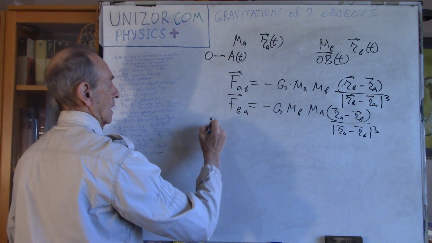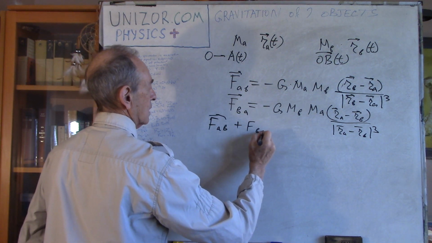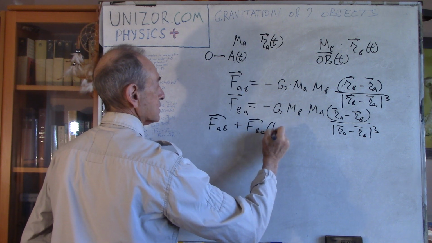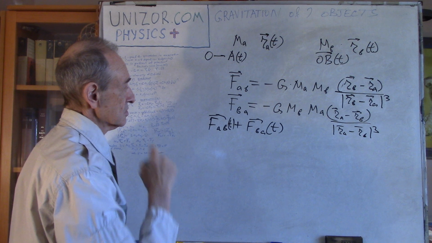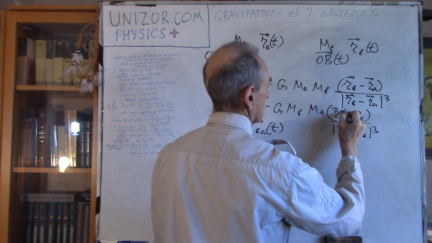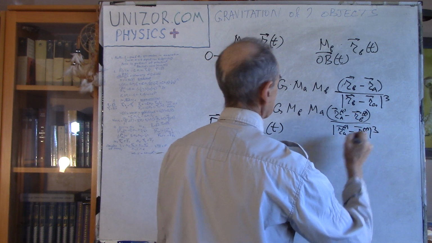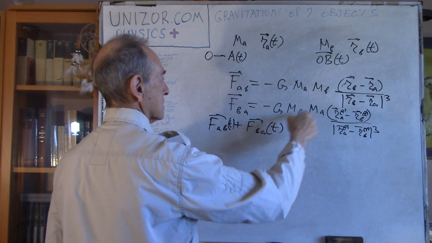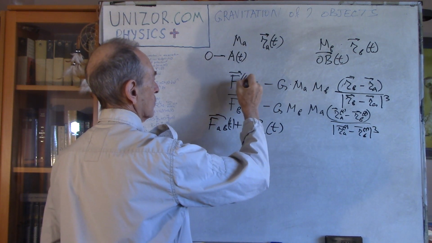So FAB vector plus vector FBA, both of them are function of t because location is changing, right? So R is changing. It's all function of t. Masses are constant, but locations are different at every time, so this is all function of t.